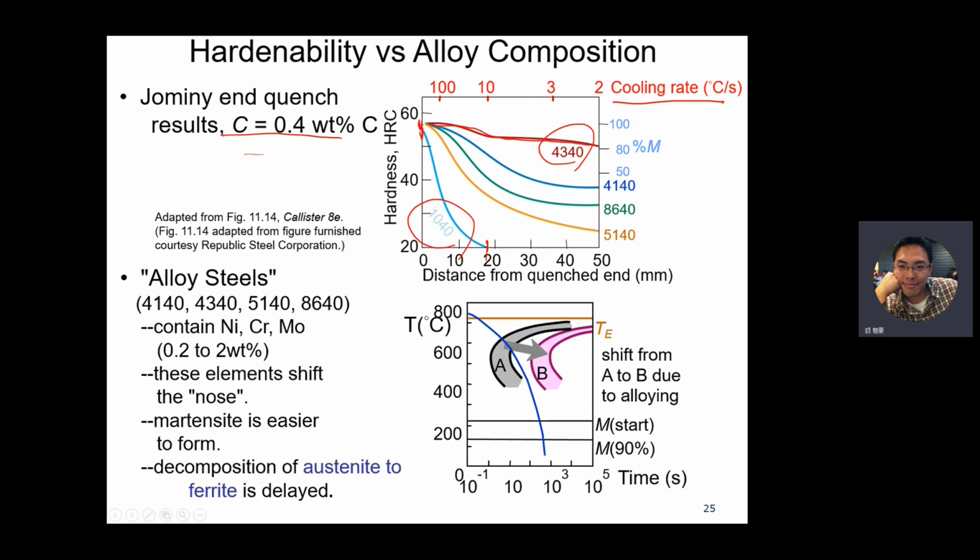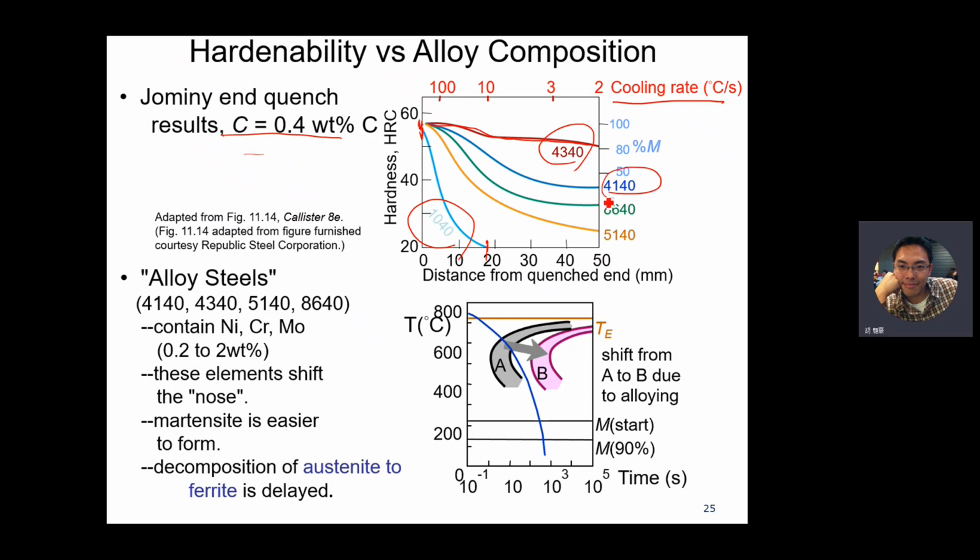At a distance of about 40 millimeters from the quench end, its martensite is about 80%. Therefore, its hardness is still high, even at 5 centimeters from the quench end. Therefore, you can compare with different alloys, different steels, like 4140.